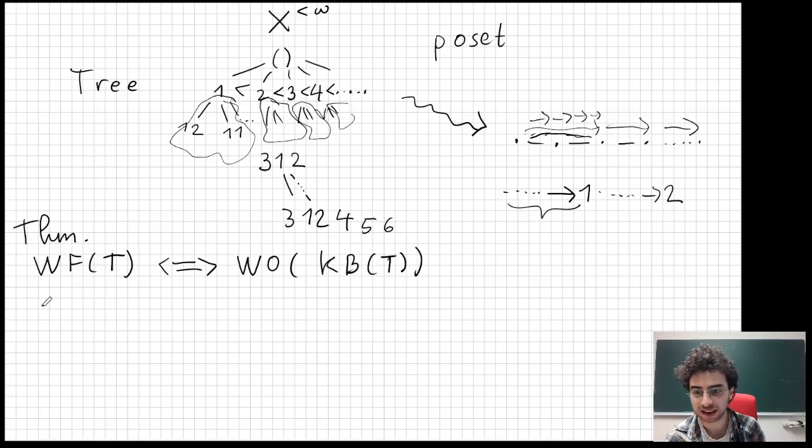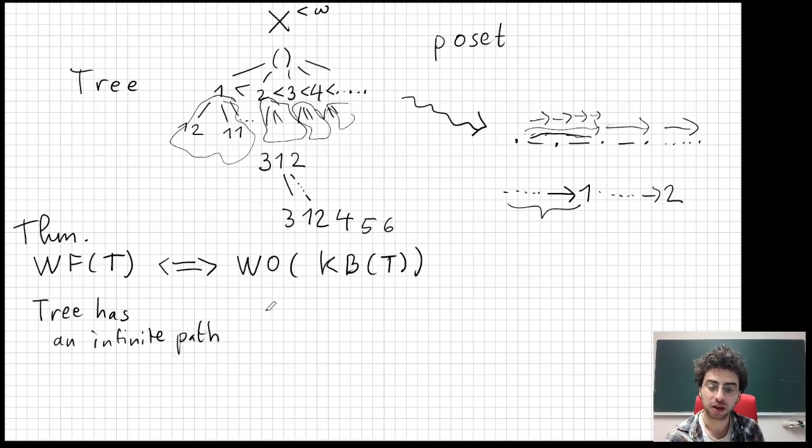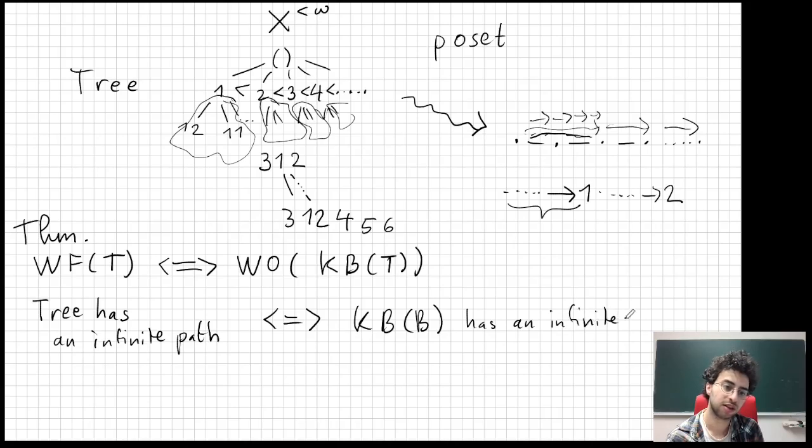We mean that a tree has an infinite chain, or path, I think it's called, if and only if the Kleene-Brouwer order has an infinite descending chain.